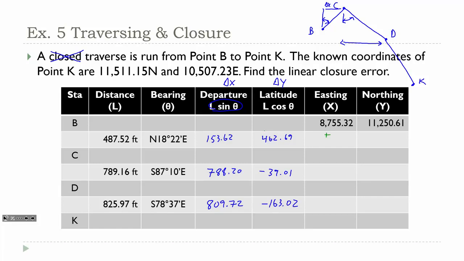Yep, so now if we add plus 153.62, 8908.94, and plus 788.14, 9697.14, and 11316.58. So we can see that there's some error there because it should now match up with this 1151.15.